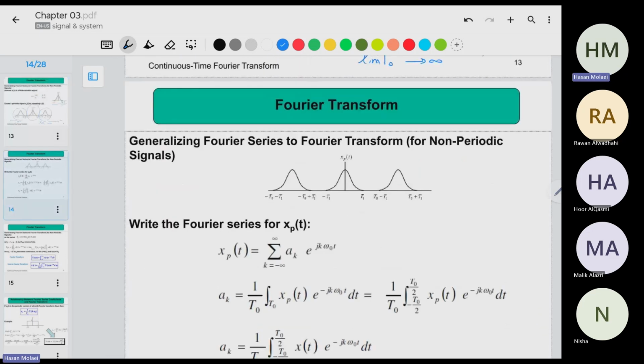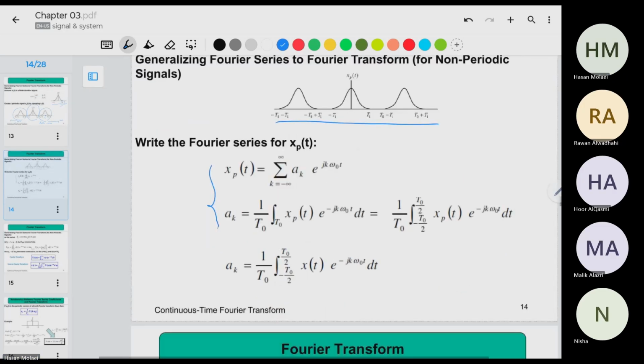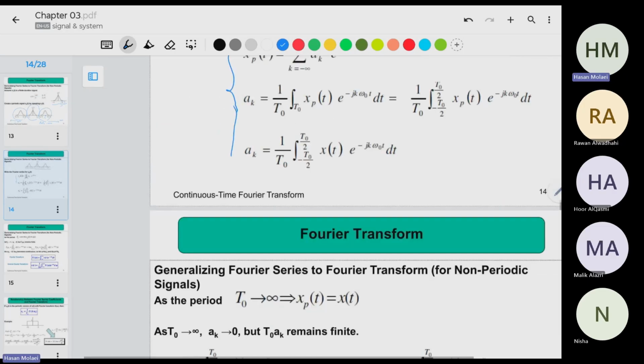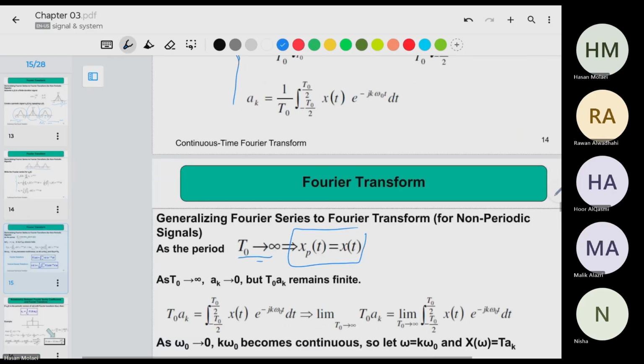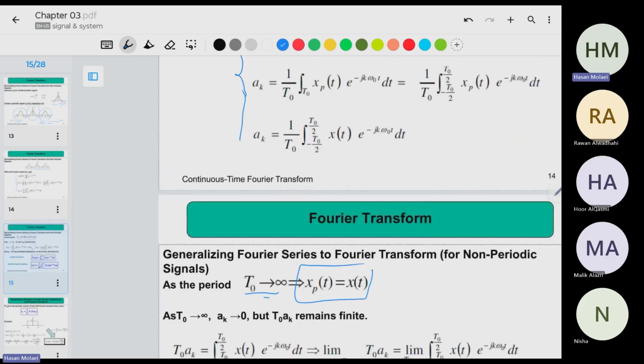Okay, I write the Fourier series for this imaginary signal. It's like that. And at the end, I find the limit when T0 goes to infinity. Both signals would be equal. If T0 goes to infinity, a_k would be how much? a_k would be 0.